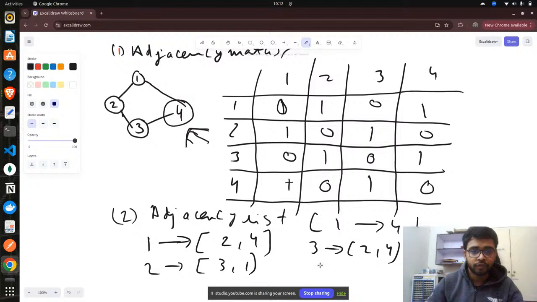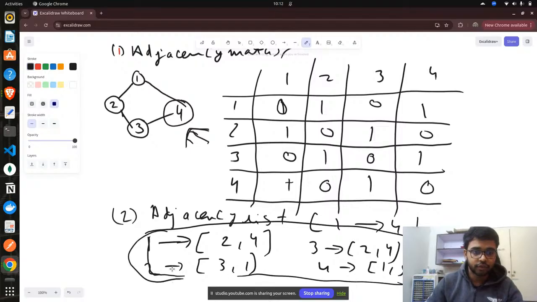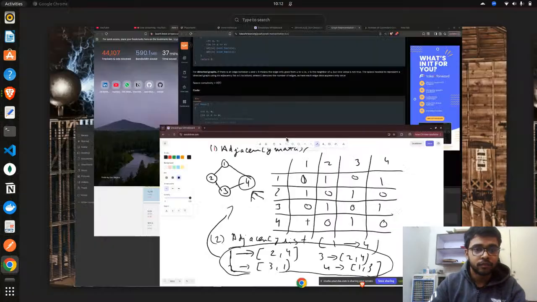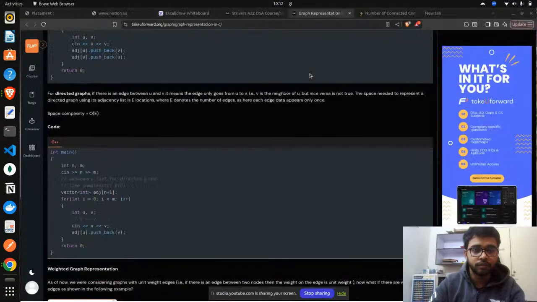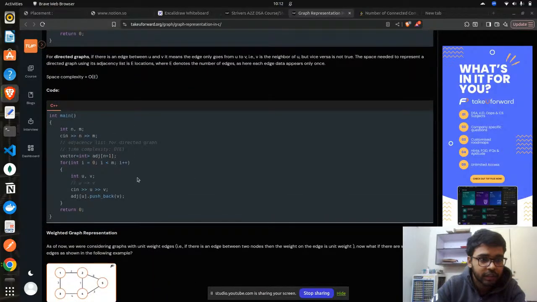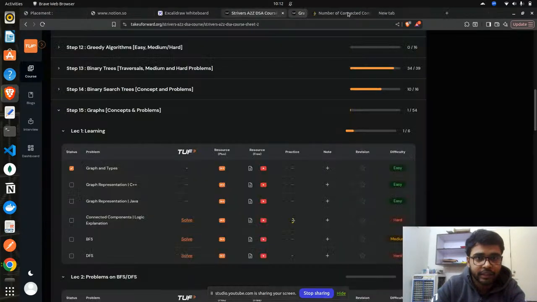With 4 we will store 1 and 3. By this way, we can recreate this graph. So these are two representations of graph, and I think it's easy to code. Here, creating an adjacency matrix. This is for a directed graph. So pretty easy thing.